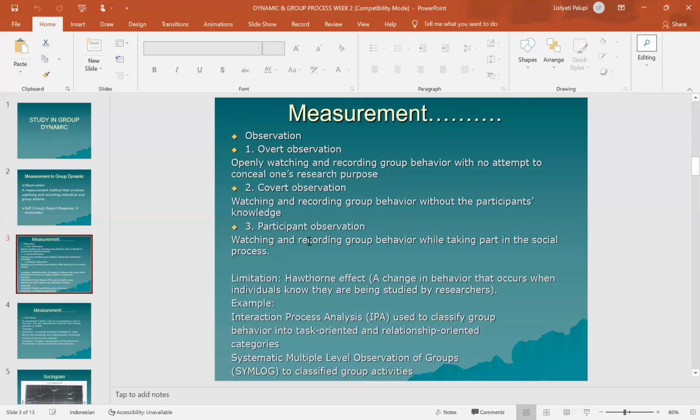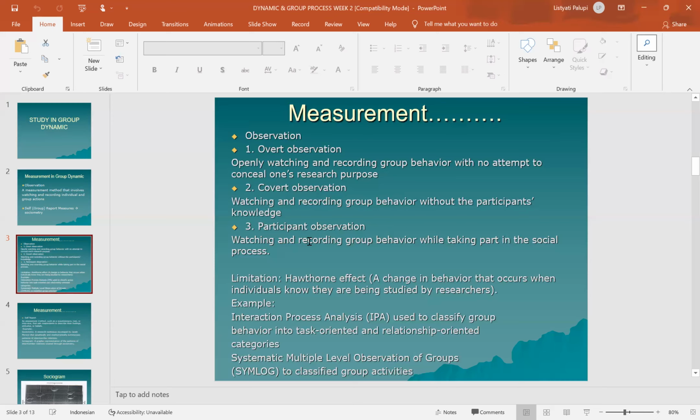There are several studies that use observation. Examples are the Interaction Process Analysis, or IPA, which is used to classify group behavior into task-oriented and relationship-oriented categories.